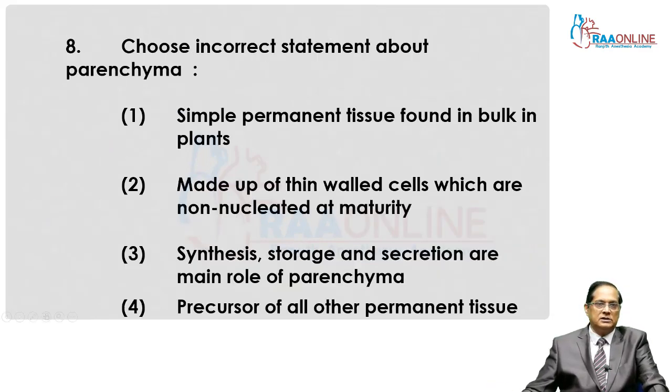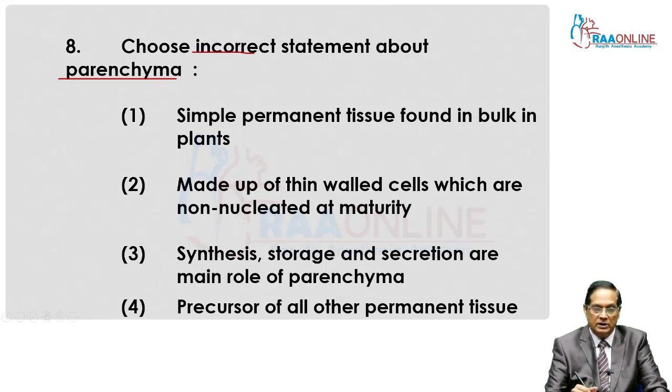Choose the incorrect statement about parenchyma. Incorrect statement: see the question and underline the keyword. That is incorrect statement, with regard to the parenchyma only. First one, simple permanent tissue found in bulk. Right, this is correct.